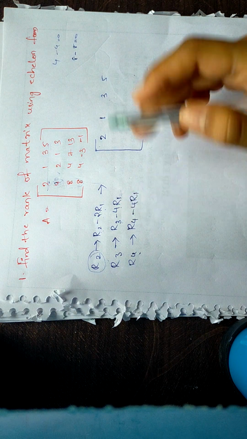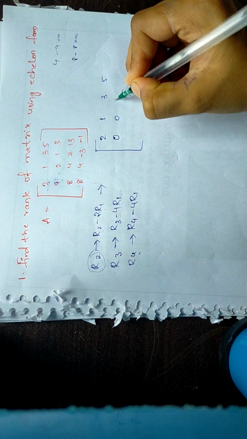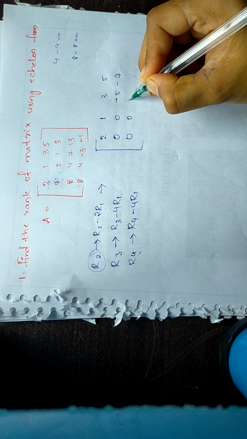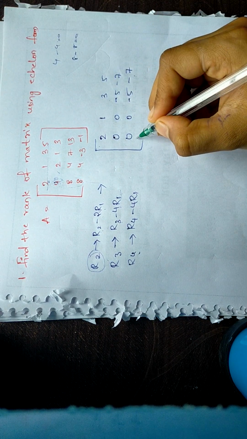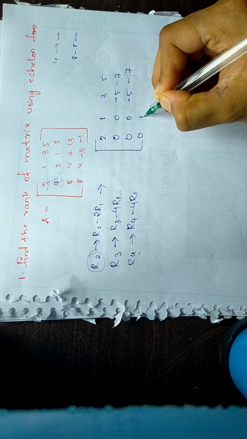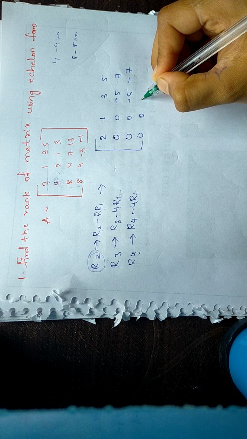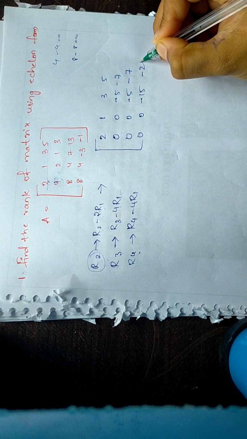So if you perform all these operations, you will get 0 0 minus 5 minus 7, 0 0 minus 5 minus 7, and then 4 R1, right? So 0 0 minus 3, minus 4 times 3 is 12, so you will get minus 15 and then minus 21.